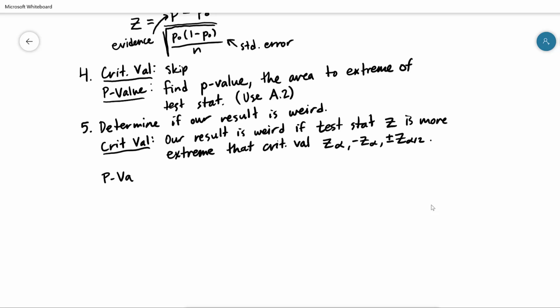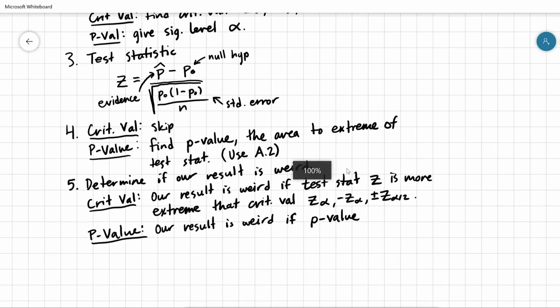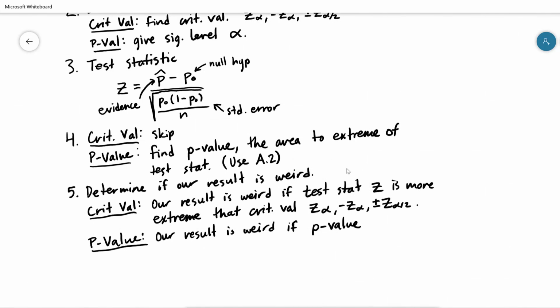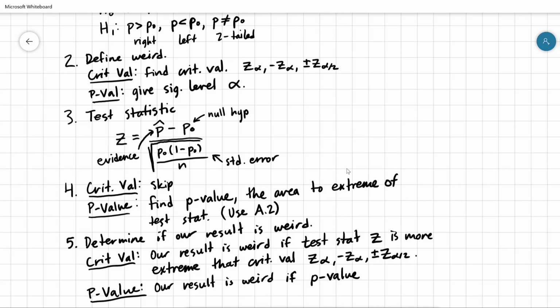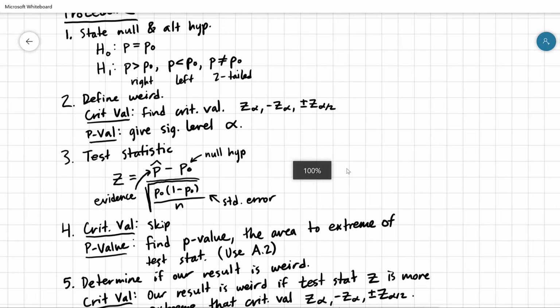In the p-value method, the things that we compare are the p-value. So our result is weird if the p-value, which I'm just going to write the word p-value. This is extra confusing because for these problems, in previous sections, they use the letter p to indicate the p-value.